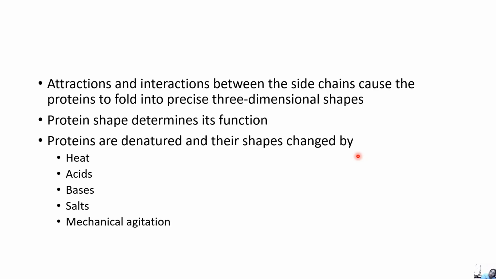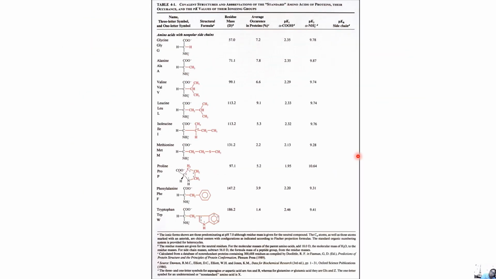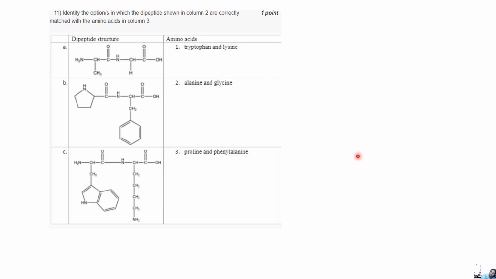So if we go back to the question that we started with, identify the options in which the dipeptide shown in column 2 are correctly matched with the amino acids in column 3. It will go with this one.